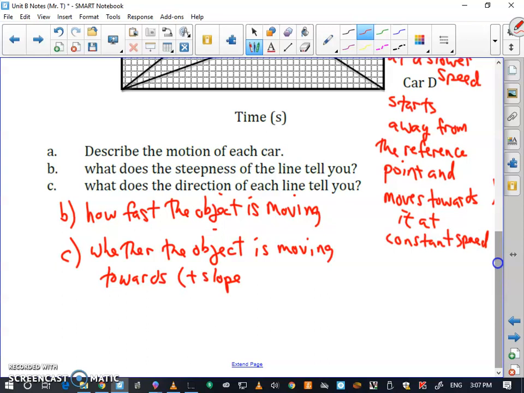If it's moving towards the reference point, it has a negative slope. Moving away from the reference point would be a positive slope.